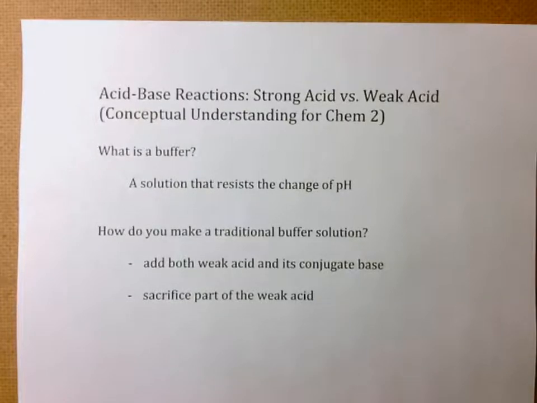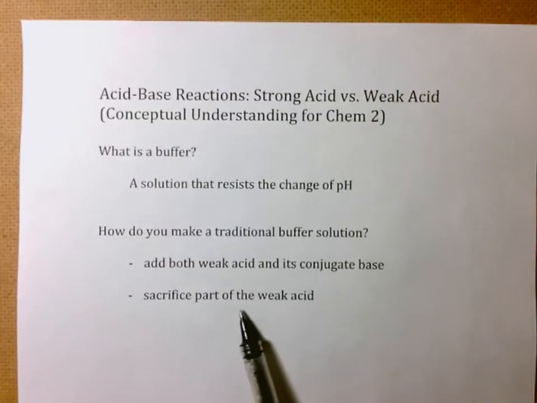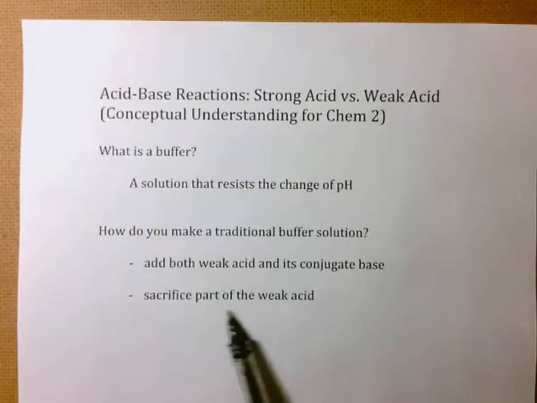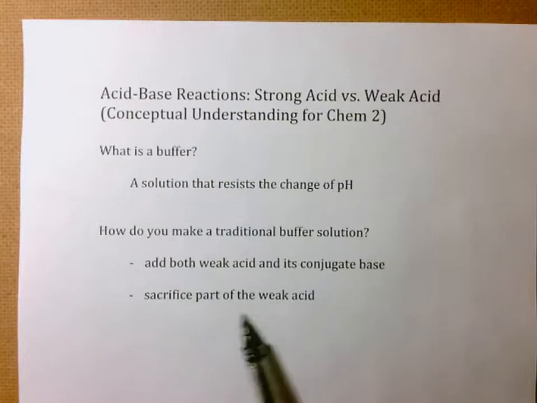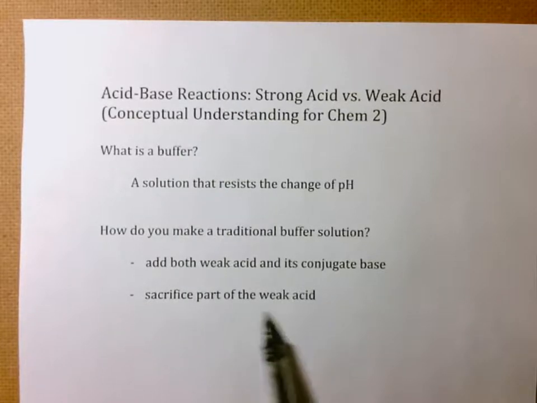Meaning you have one part of acid, and use some of it to react with hydroxide to produce its conjugate base. That will also get you the buffer solution. This is one of the difficult things to understand, but I hope the picture clarifies why this actually works as well.